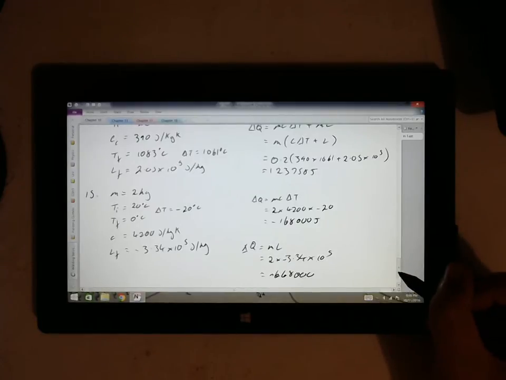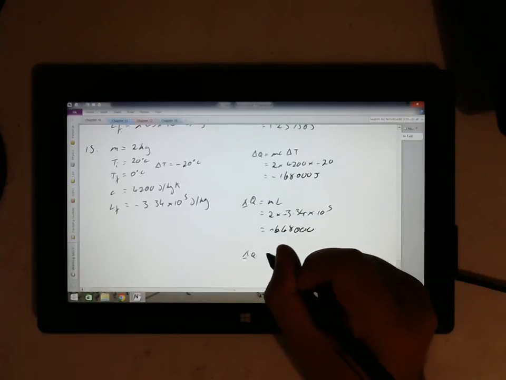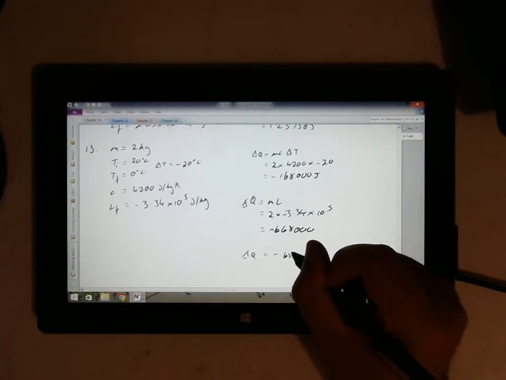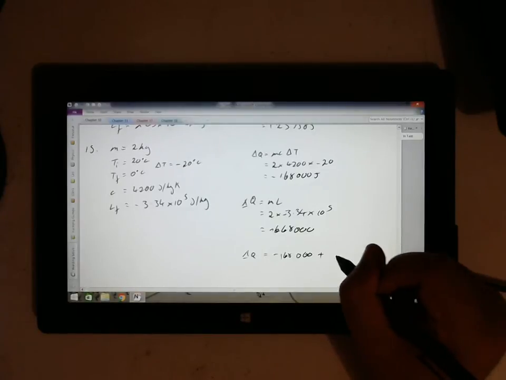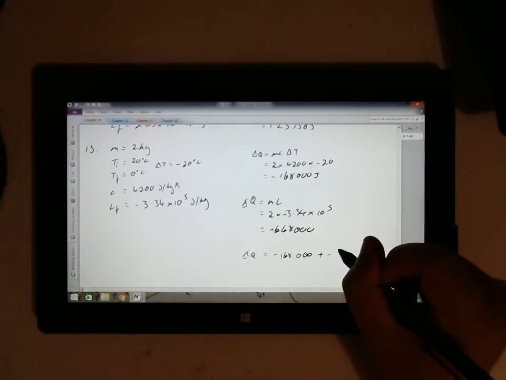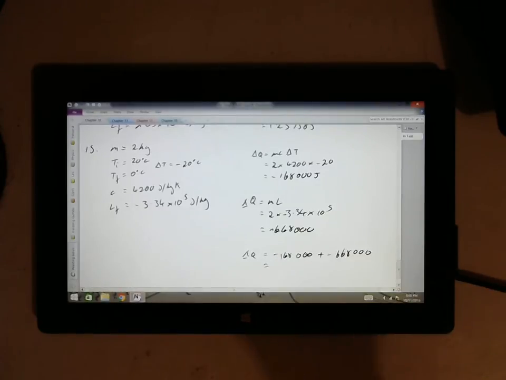And now we can add these two together. So we've got negative 168,000 take away, or plus negative 668,000, and adding a negative is the same thing as just subtraction.